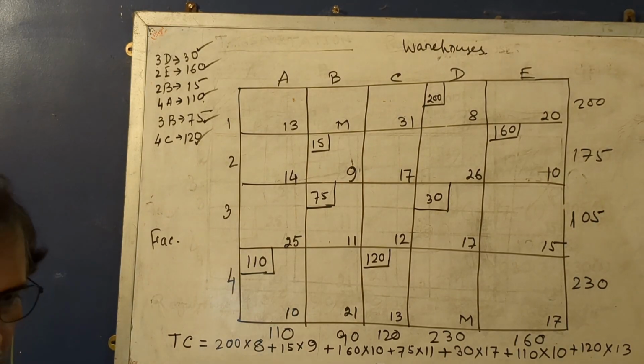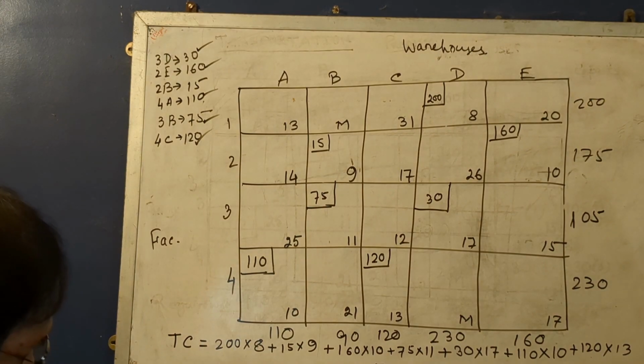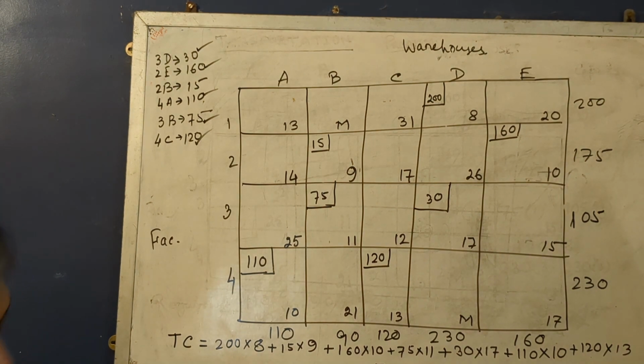But this is not the guaranteed minimum, and for that purpose you have to proceed by Modi method, and after calculating the cost you can check how much it is. This is the total cost for Ham method. If you would like to calculate, you can, but it only takes time.